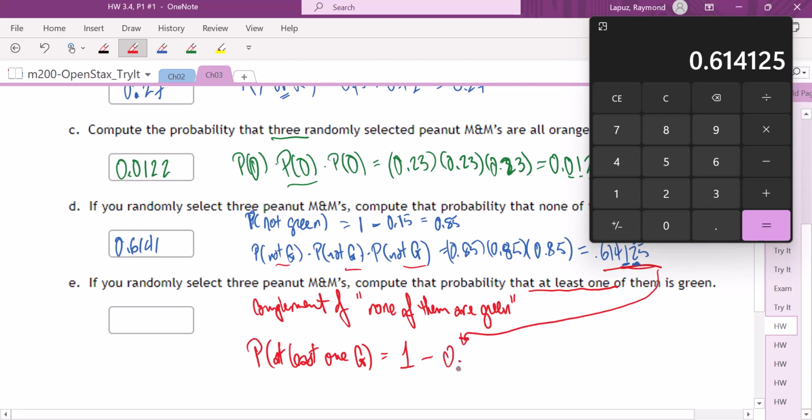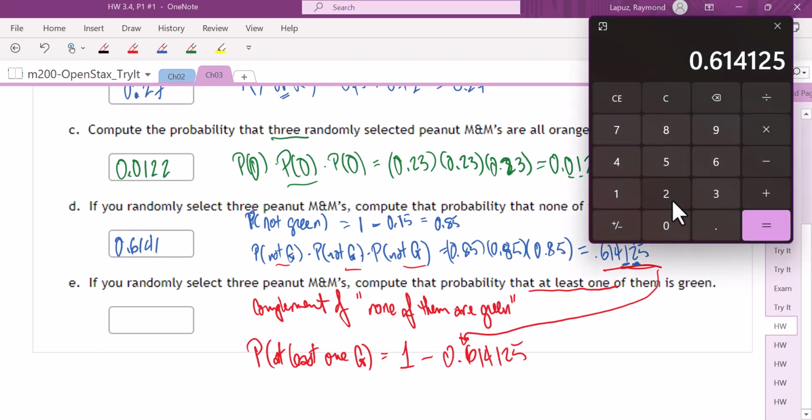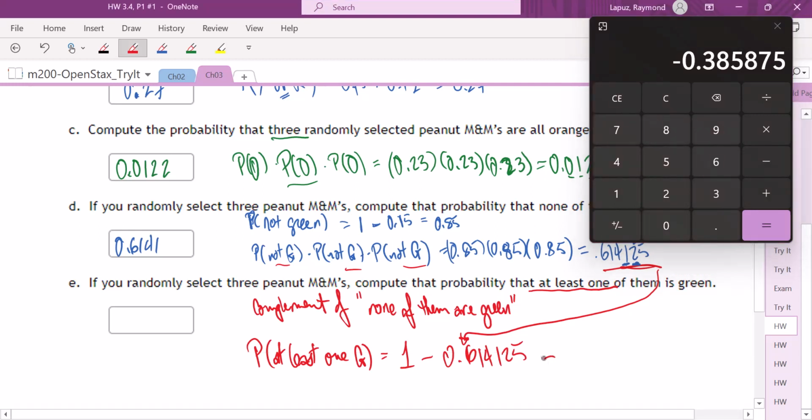So it's basically 1 minus the previous answer that we got, 0.614125. You can put this in your calculator, or I can just take this and subtract 1 in our calculator. I know I'm going to get a negative number, but you switch to positive, or you can just literally do this computation.